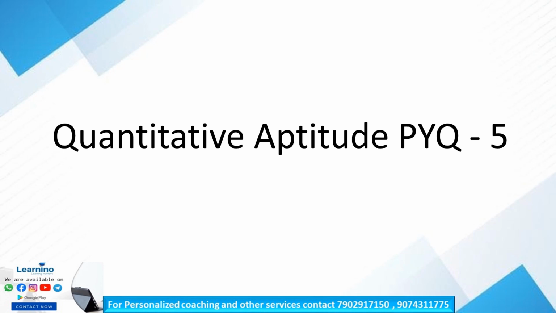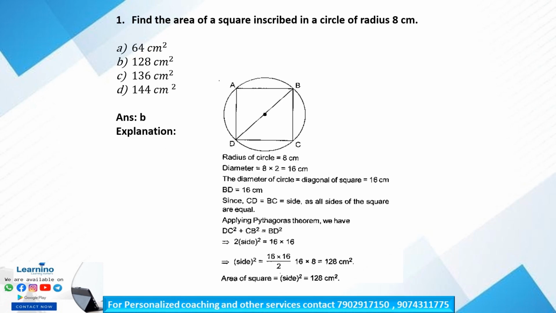Question number 1. Find the area of a square inscribed in a circle of radius 8 centimeter. So we have to find the area of the square. They have given that the square is inscribed in a circle, that is, inside that circle there is a square.